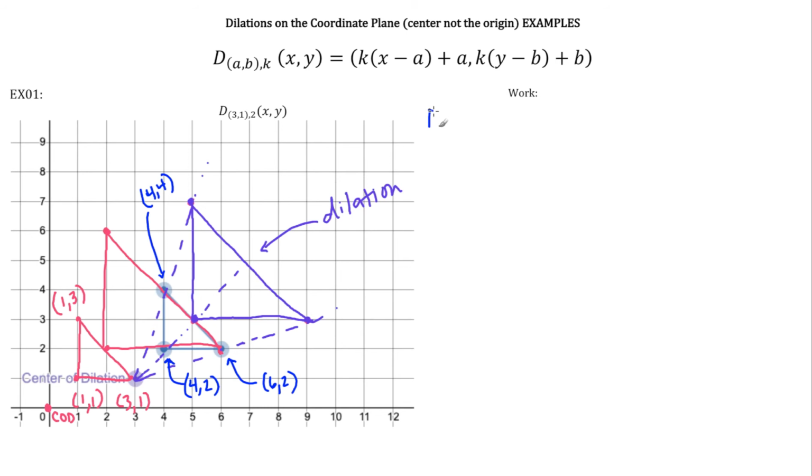So my center of dilation was originally 3, 1. This is my center of dilation. So 3, 1. And my scale factor is 2. Oh, it even tells us the information right here. All right, well, this will make it easier.